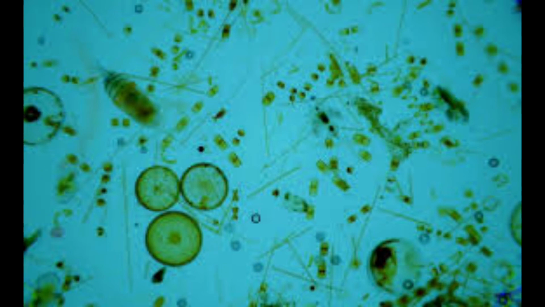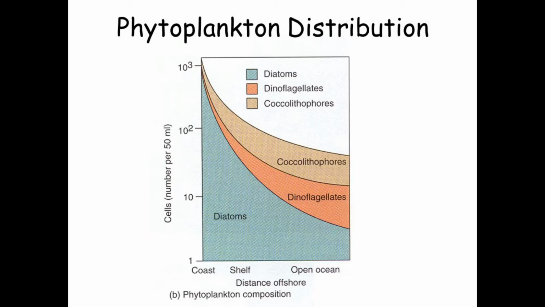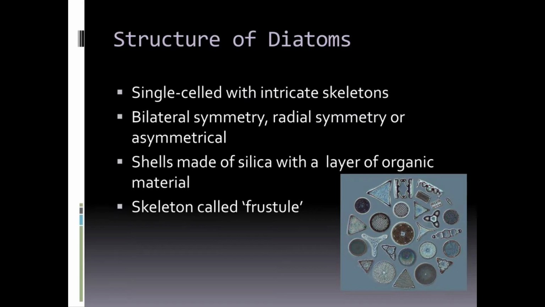And so most of the production by phytoplankton is coming from three groups, and those three groups are diatoms, dinoflagellates, and, excuse me if I pronounce this wrong, coccolithophores. So diatoms are single-celled algae. They're about 1 millimeter in diameter, and they can be a lot of shapes.